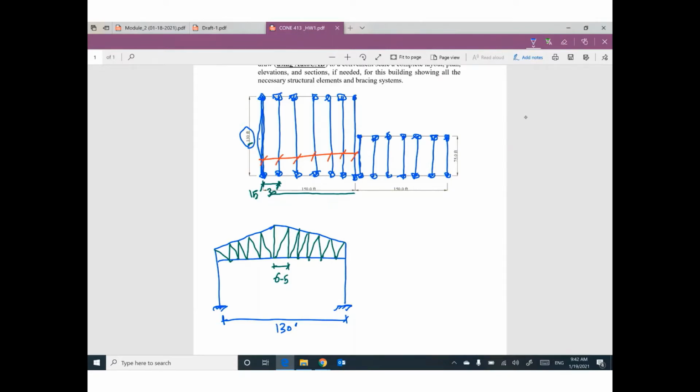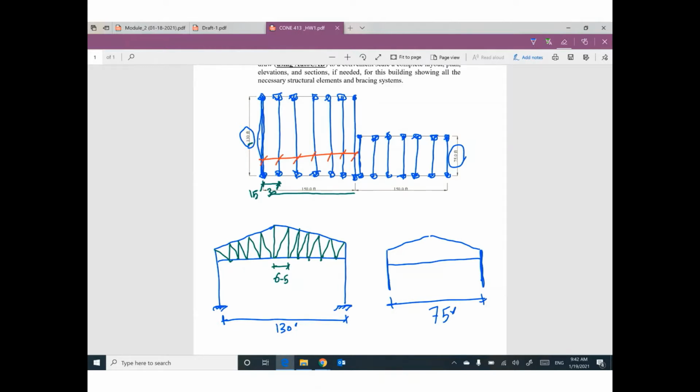This truss will span 75 feet. I will assume my truss looks like this. That's fine.